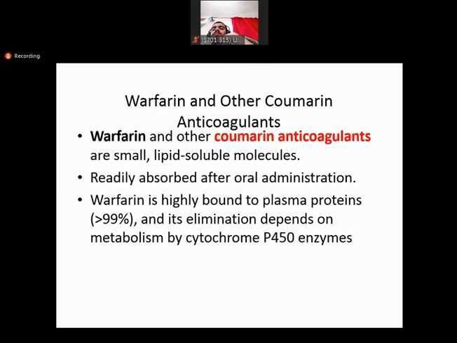There is another group under the heading of anticoagulants: warfarin and other coumarin anticoagulants. So in the exam, if in an MCQ anyone asks which one of the following is related to the coumarin group, you will pick warfarin, right? Warfarin, coumarin, same.